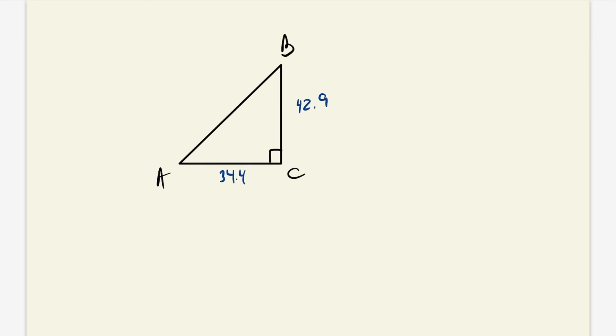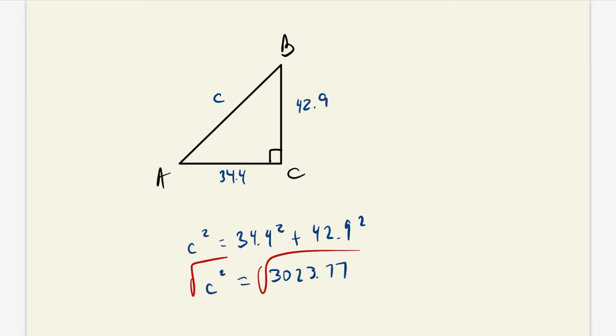So I would start by finding the missing side, which is the hypotenuse. Label that C. So C squared is going to be equal to A squared plus B squared. So that would be 34.4 squared plus 42.9 squared is equal to 23.77.